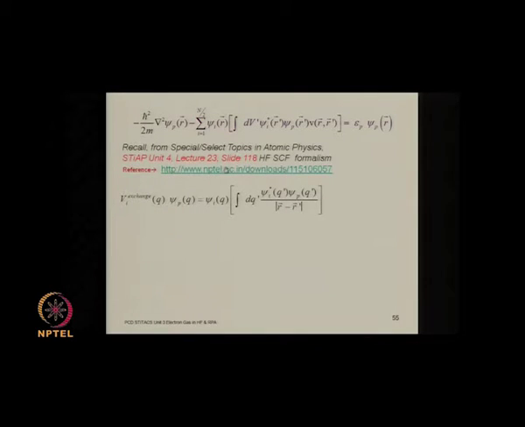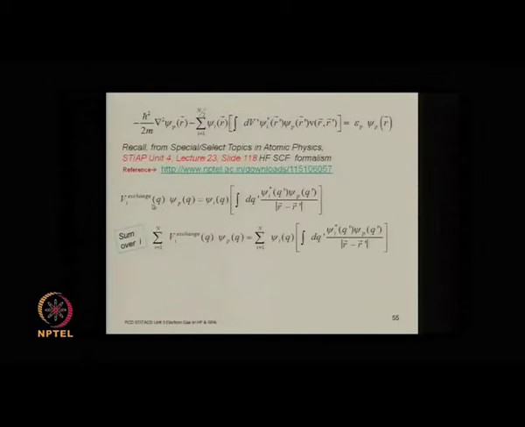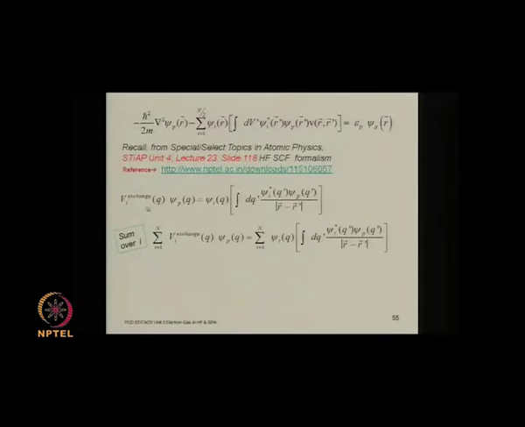You will also remember from our previous course that we had introduced the exchange operator. I will not spend any time discussing this, but I will refer you to lecture 23 of unit 4 of the previous course, which is the special topics in atomic physics. In this we had introduced the exchange operator, and this exchange operator has got this result that when it operates on this you get this particular term, and if you now sum over I, you have got the left hand side which has got the index I for a particular state.